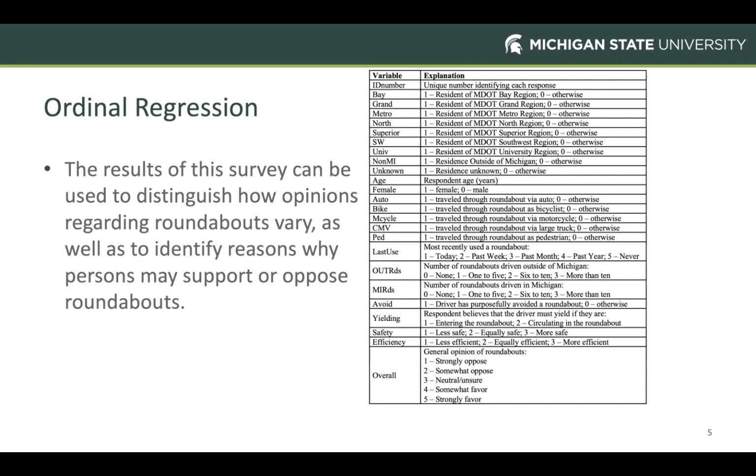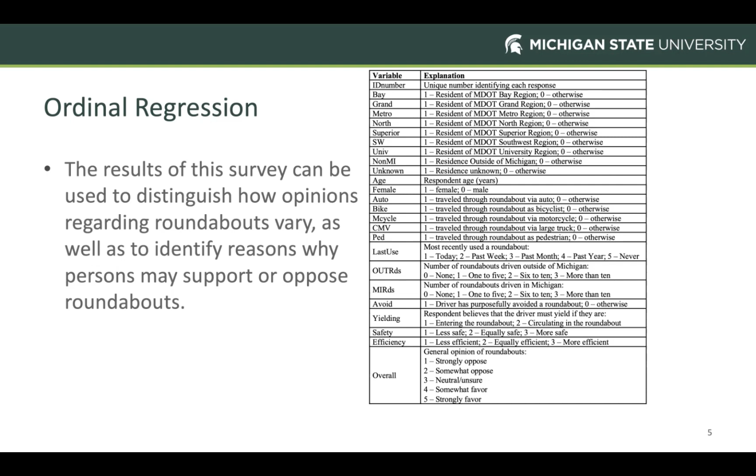So do they believe that roundabouts are less safe, equally safe, or more safe as compared to traditional, i.e. signalized or stop controlled intersections? And similarly, do they believe that roundabouts are more, less, or equally efficient to traditional types of intersection control? And then based on that, just general feedback as to whether or not the general public is strongly in favor of or strongly against the use of roundabouts.